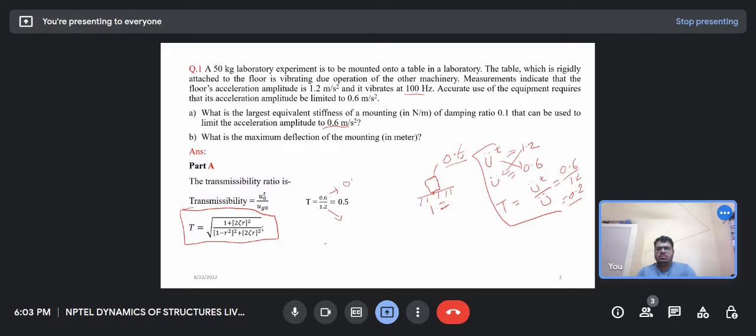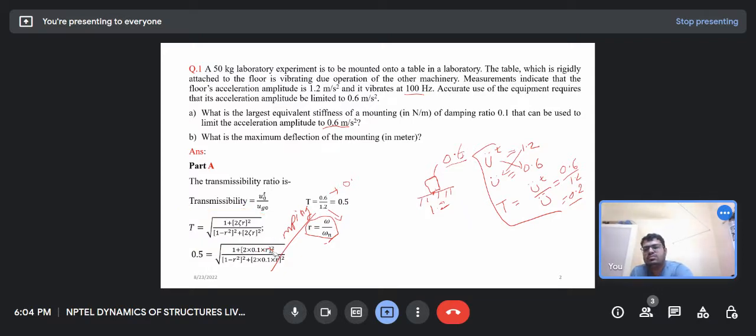From this formula you can equate, where Xi is the damping ratio, and r is the frequency ratio. Put in the transmissibility value and the damping ratio, which is given as 0.1. So simplify this equation.